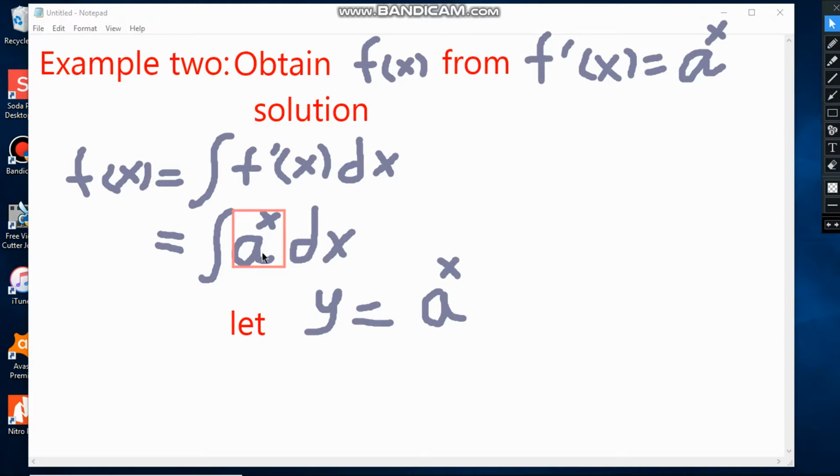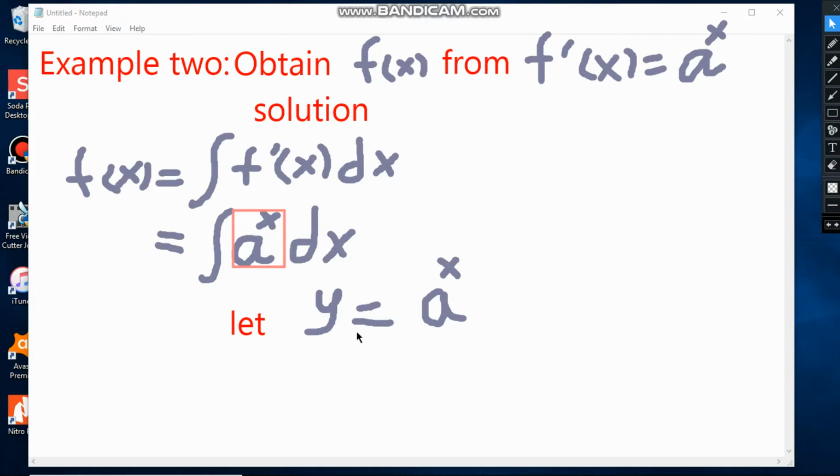So to simplify the method of integration, we use the technique of letting y is equal to a raised to x, and we apply an algebra technique in order to get a simple expression.